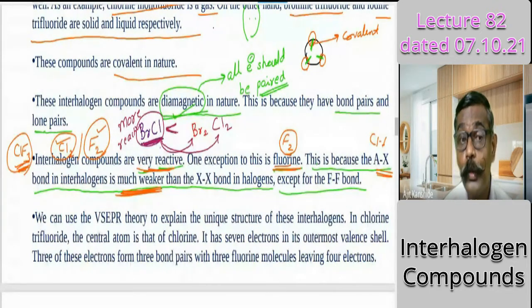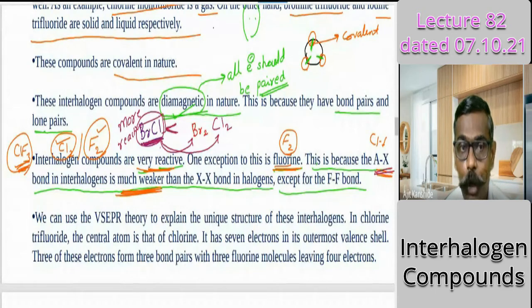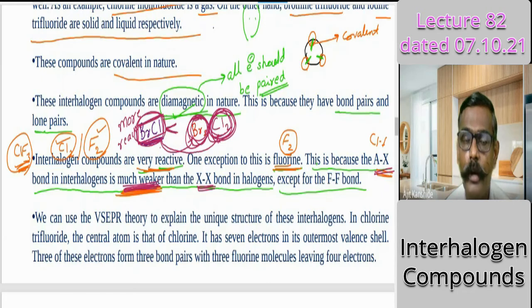Why is it so? Because the A-X bond, meaning this Br-Cl bond, is much weaker compared to the X-X bond, meaning the Br-Br bond or Cl-Cl bond. Compared to the Br-Br and Cl-Cl bonds, this Br-Cl bond is weak.